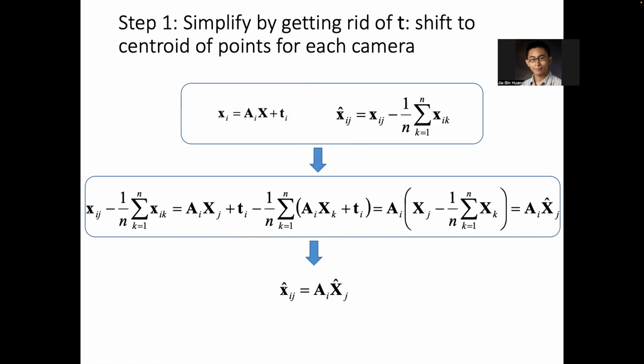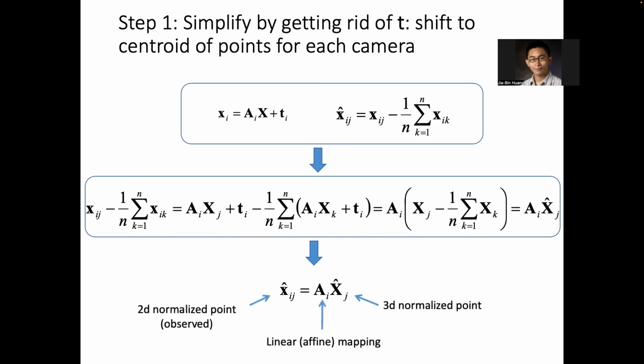So if I work with the normalized coordinates, I get something like this. You have a 3D point in the world coordinate system, and you get it projected onto camera i. Point j projected onto camera i, you get a 2D coordinate.